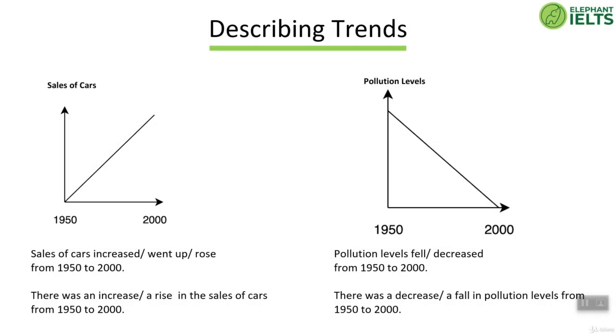Now we're going to look at the specific vocabulary for describing trends, or in other words, for describing change over time. Look at the first line graph. It shows an upward trend in the sales of cars from 1950 to 2000.